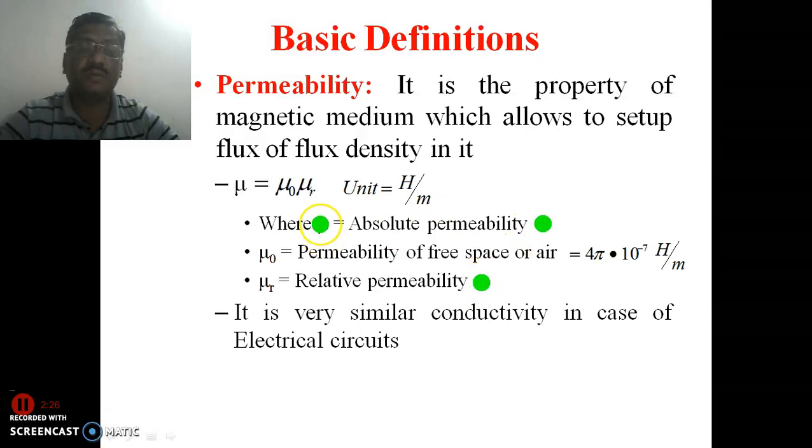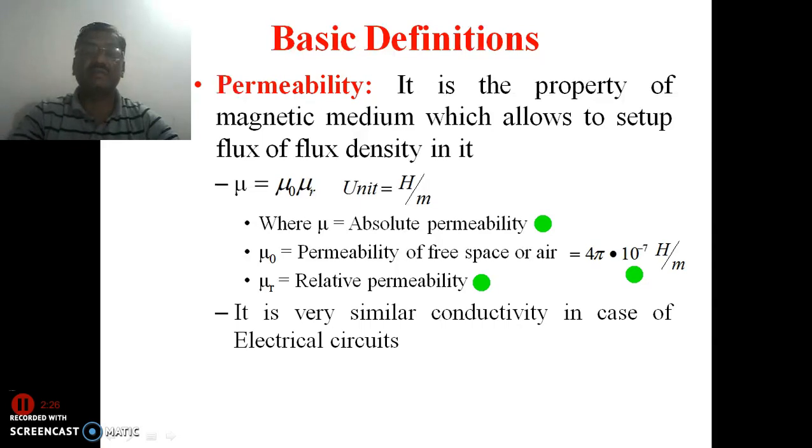Absolute permeability is equal to mu naught into mu r, where mu naught is the permeability of free space, which is 4 pi into 10 to the power of minus 7 henries per meter. This permeability is very similar to the conductivity in the electrical circuit. It helps to set up the flux in the magnetic circuit.